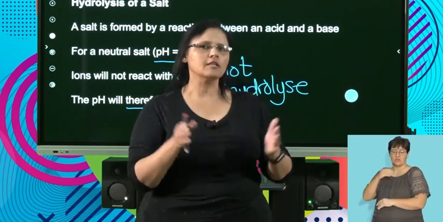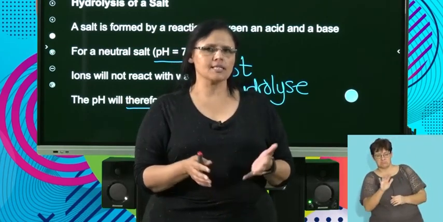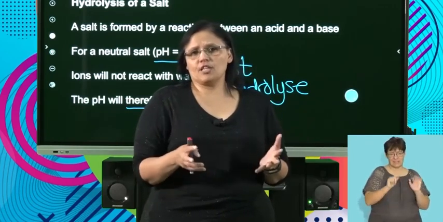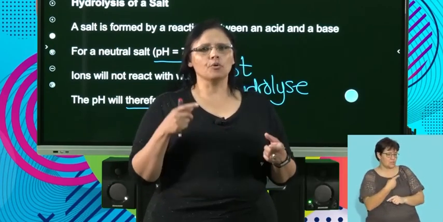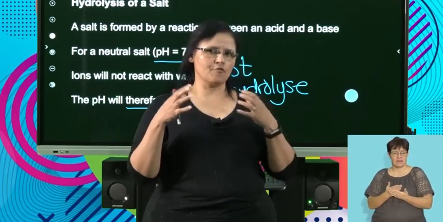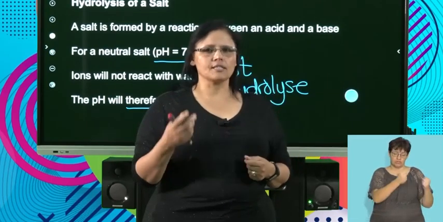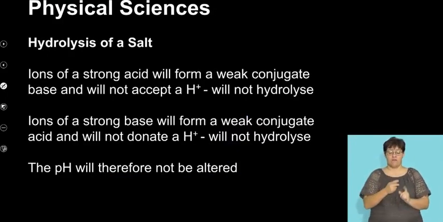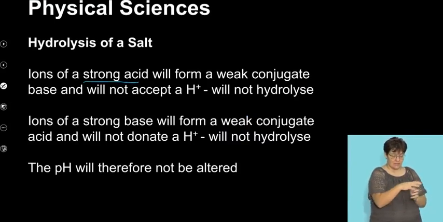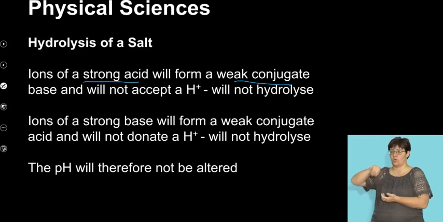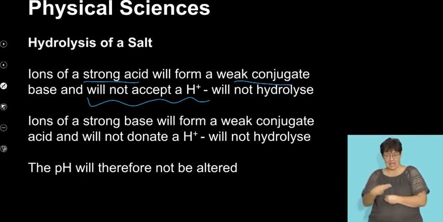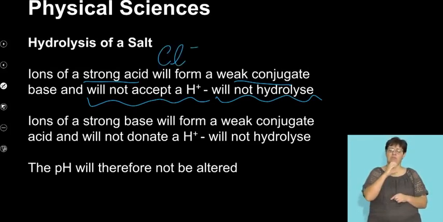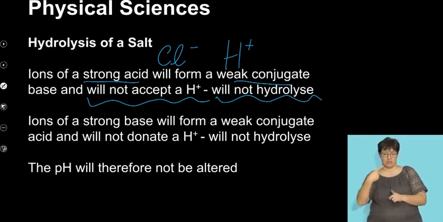That we have a salt that will have a pH of more or less 7. And if we would try to find out the pH, we can see this from our two reactants, strong acid and strong base. Ions of a strong acid will form a weak conjugate base, and it will not accept hydrogen ions, and it will therefore not hydrolyze. If I think of the ions of hydrochloric acid, they will be hydrogen ion and chloride ions.